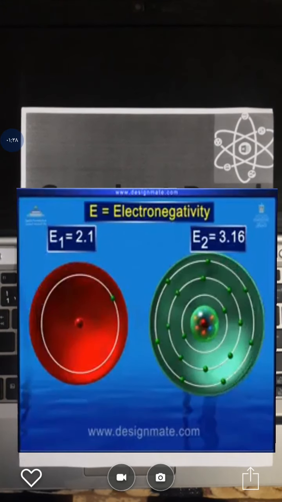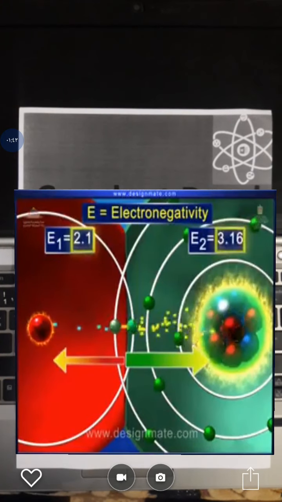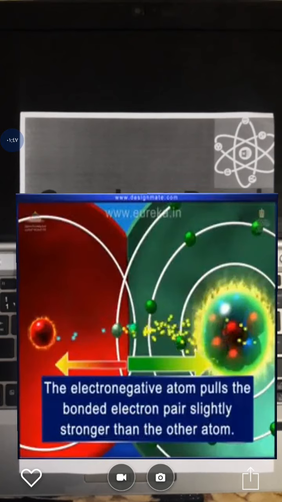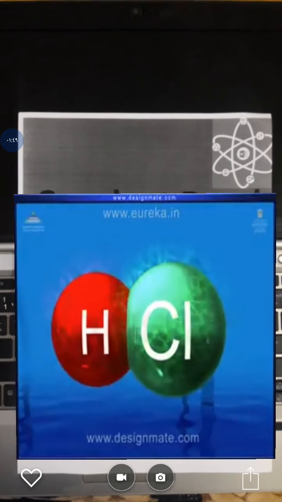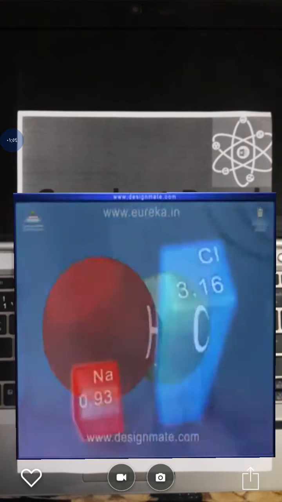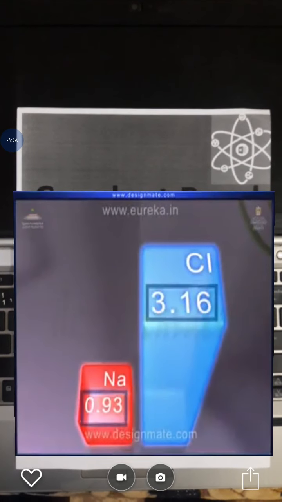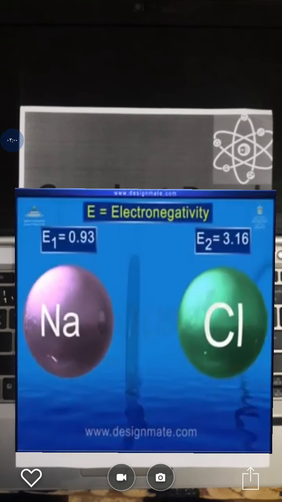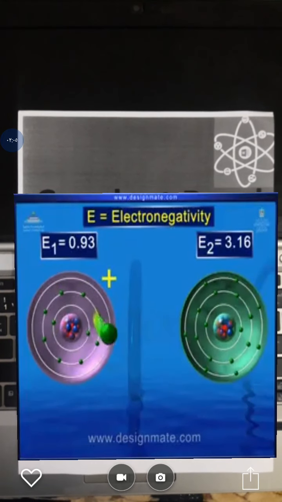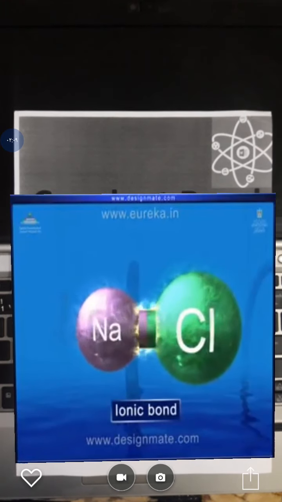Furthermore, if the bond is formed between atoms with little difference in electronegativities, then the electronegative atom pulls the bonded electron pair slightly stronger than the other atom, and a polar covalent bond is formed. However, if the difference between electronegativities is too large, then the electron will be permanently transferred to one atom and an ionic bond will be formed.